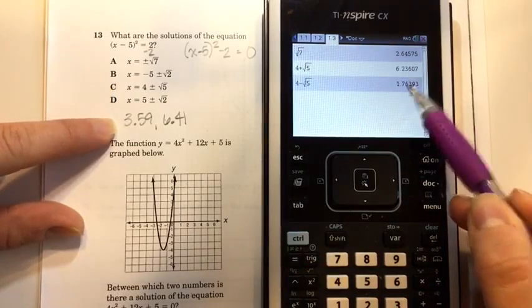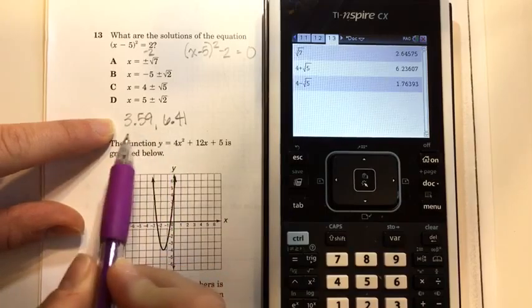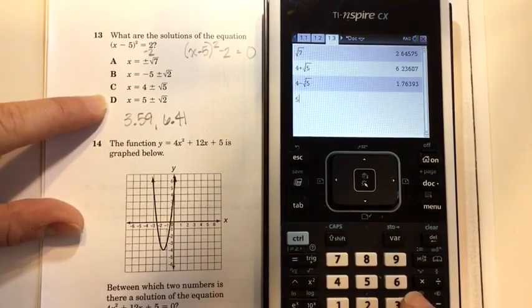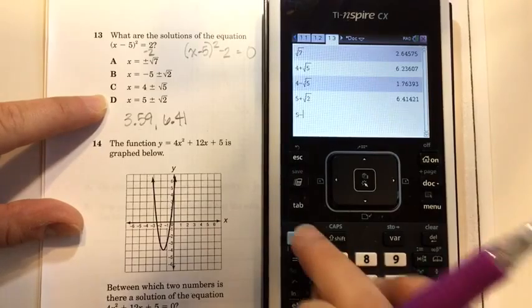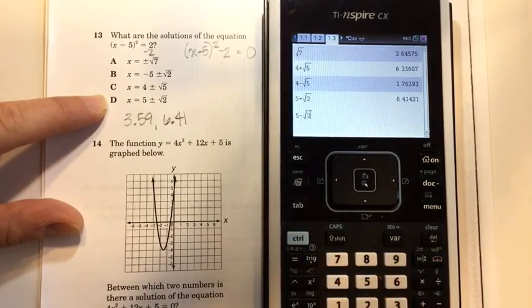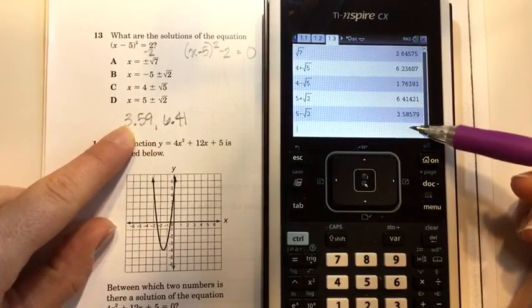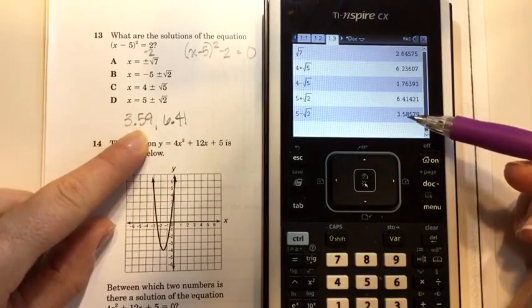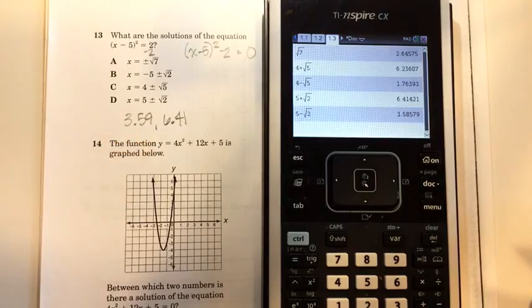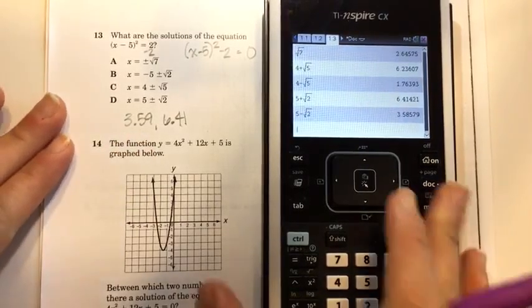Neither one of those matches the two numbers I'm trying to find for my zeros. So just to confirm, 5 plus the square root of 2, 5 minus the square root of 2, 6.41, 3.59. They rounded it, 8.5 rounds up to 9. So that's an easy way to do this.